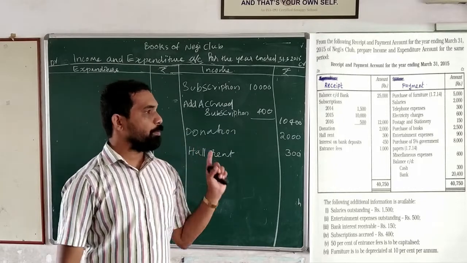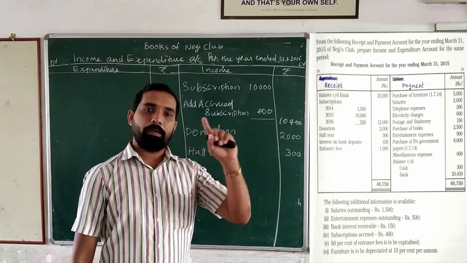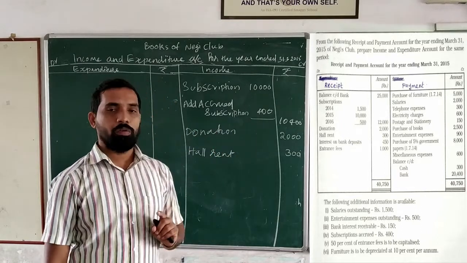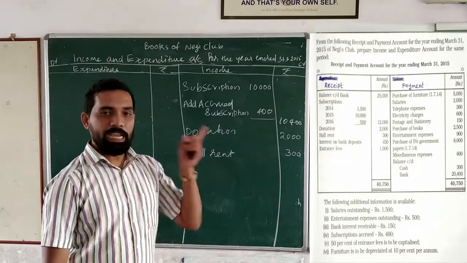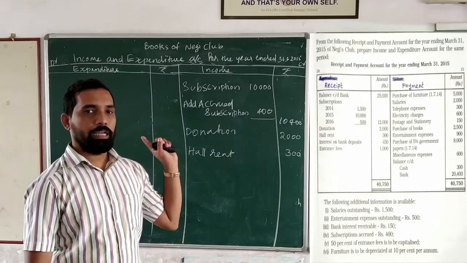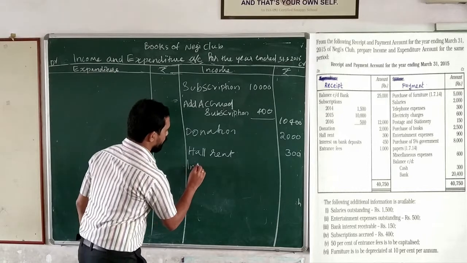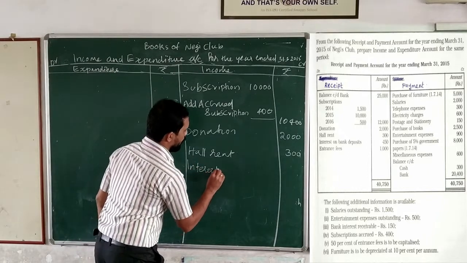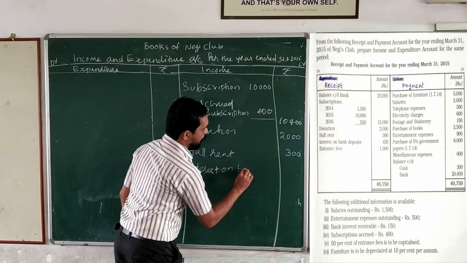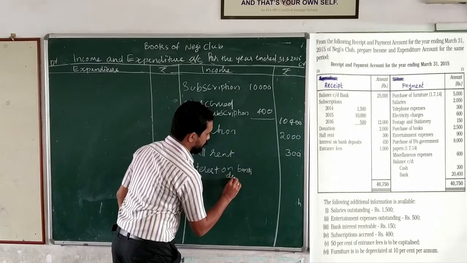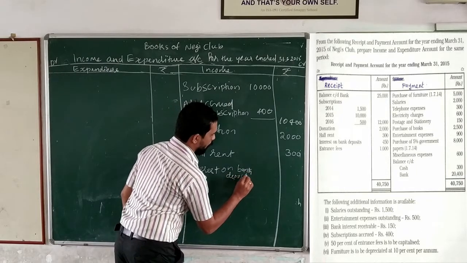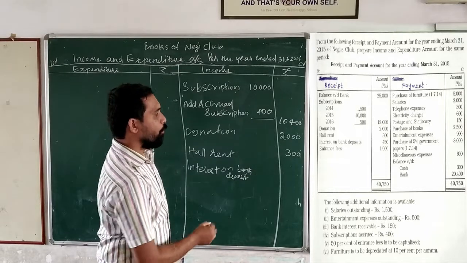Interest on bank deposit is a revenue receipt, so it should be shown on the income side of the income and expenditure account. Interest on bank deposit, rupees 450.